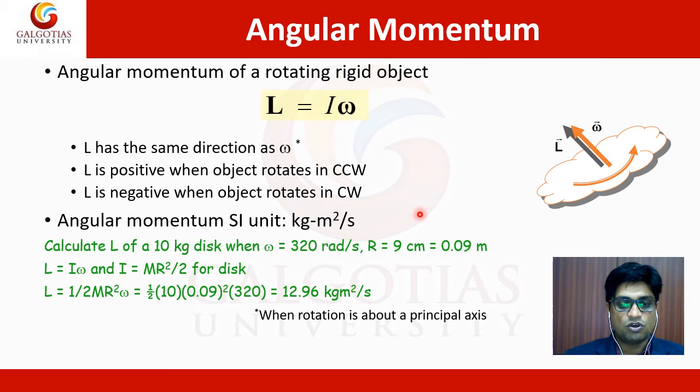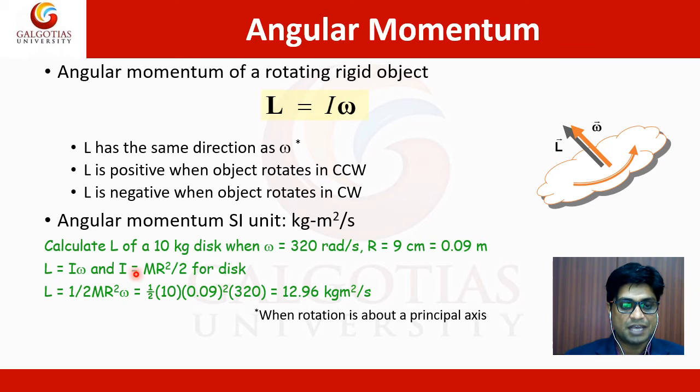We can also solve any numerical related to angular momentum, as given here: calculate the angular momentum of a 10 kilogram disk where the angular velocity is 320 radian per second and the radius of the disk is 9 centimeter. Angular momentum L equal to I into omega. We know that I is the moment of inertia.